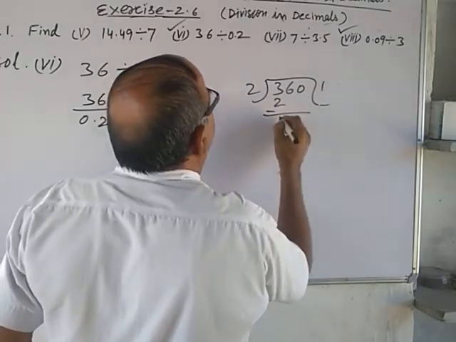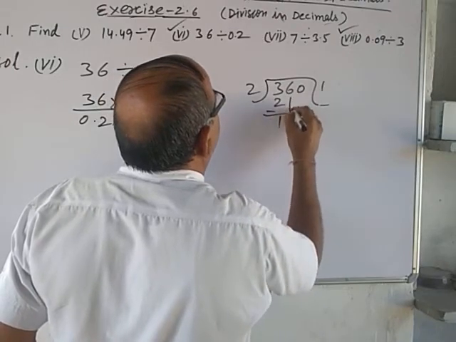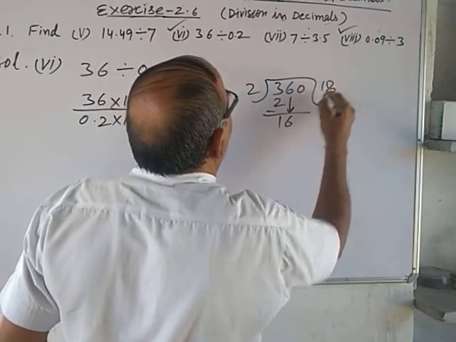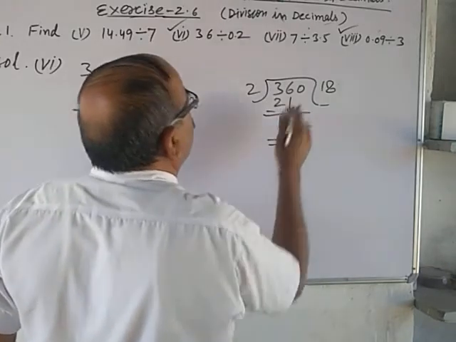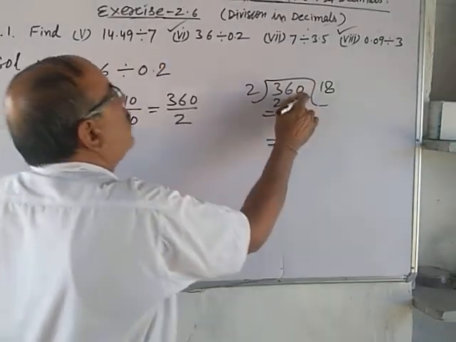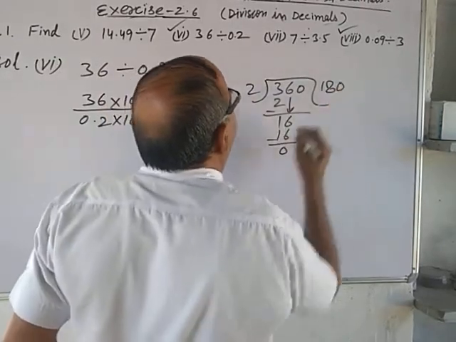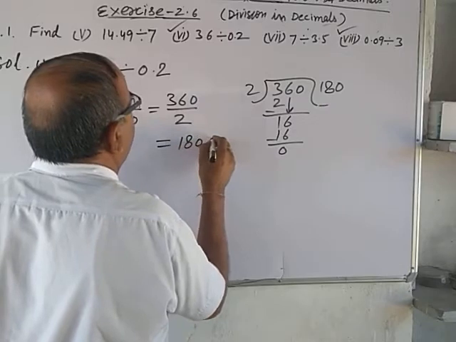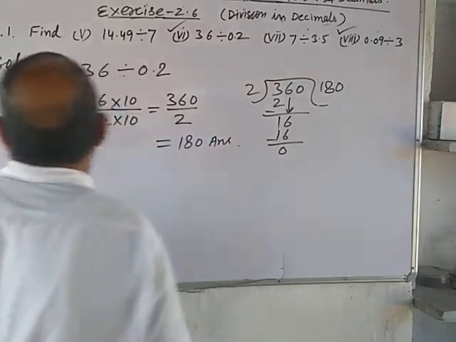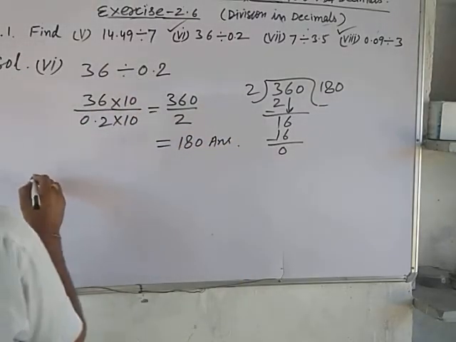Subtraction. Remainder is 1. Carry 6. Add to the 16. Remainder is 0. The remaining 0 is added with 18. The answer is 180.